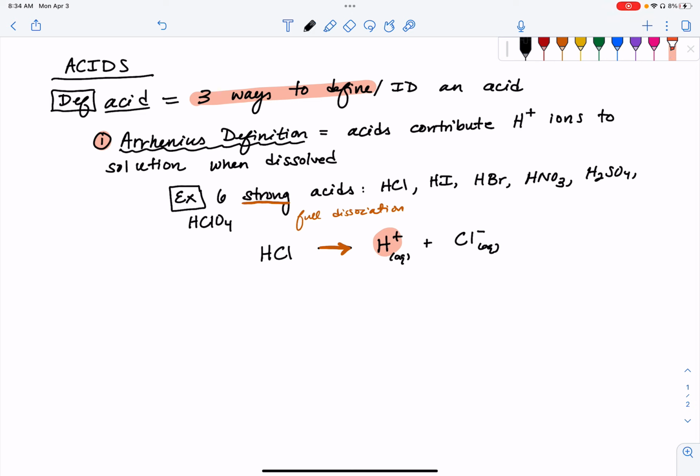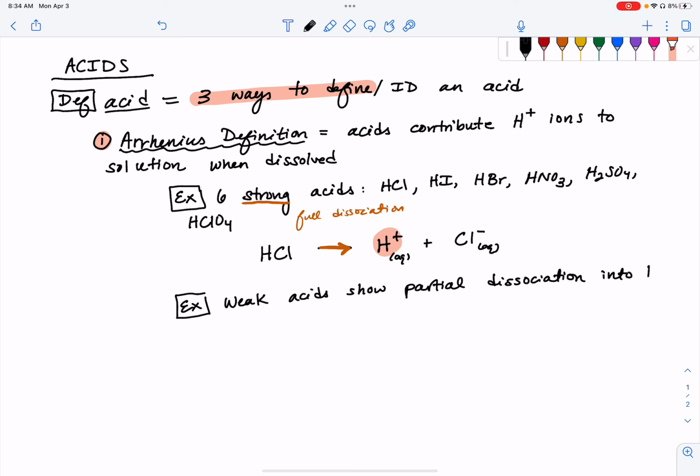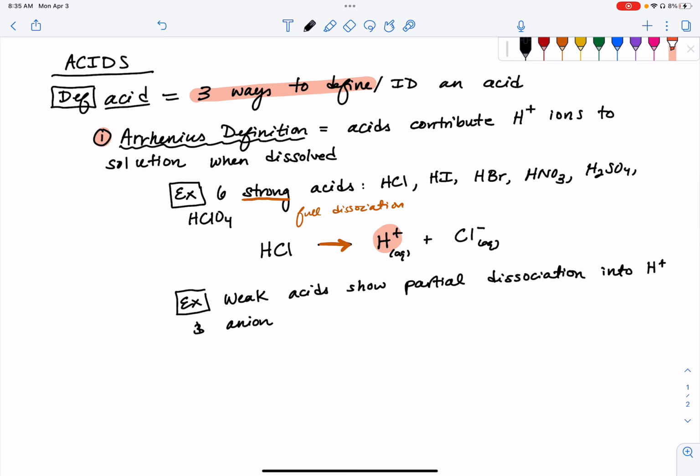Similarly, our weak acids still contribute H+ into solution. We just do so partially. So weak acids show partial dissociation into H+ and whatever anion was associated with that acid.